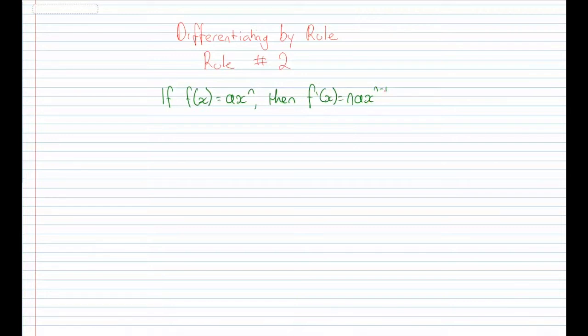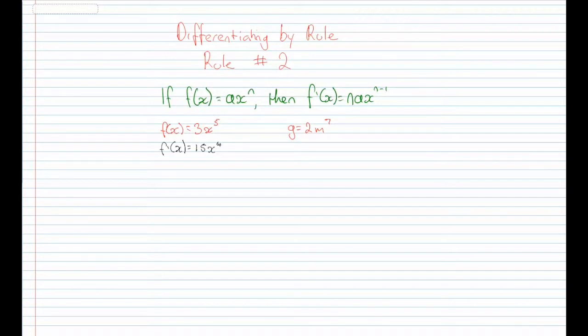Alright, let's just go through that. I've got f of x is equal to 3x to the power of 5, and g is equal to 2m to the power of 7. Then what I get is f dash of x is equal to 5 times 3 gets us 15, x to the power of 5 minus 1, drop the power by 1, gets us 4.